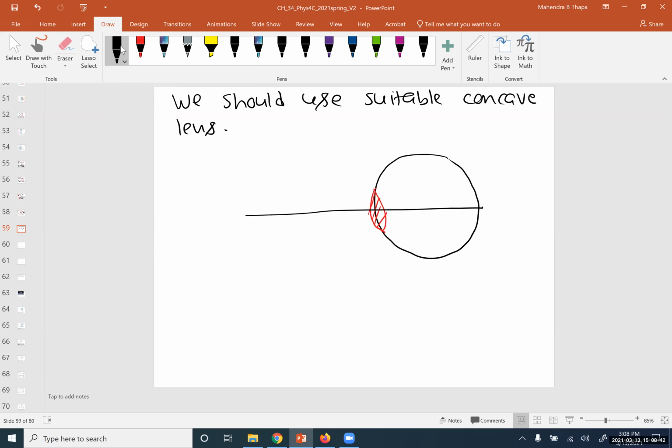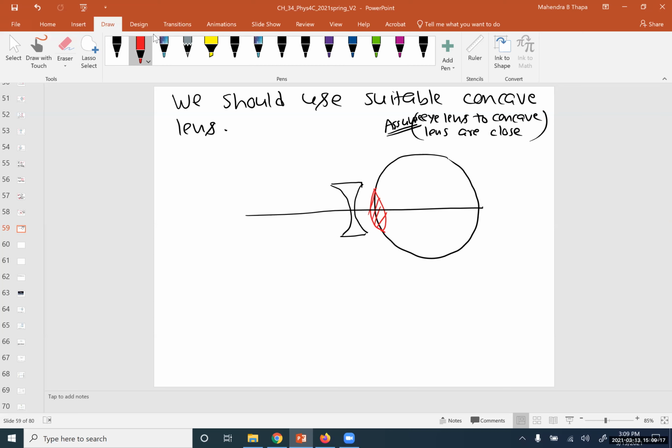If I use the concave lens close to our eye, we are assuming that the eye lens and concave lens are close enough.